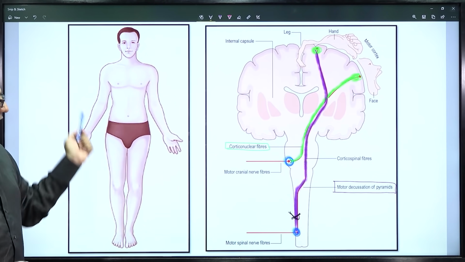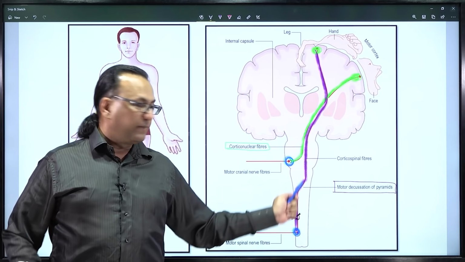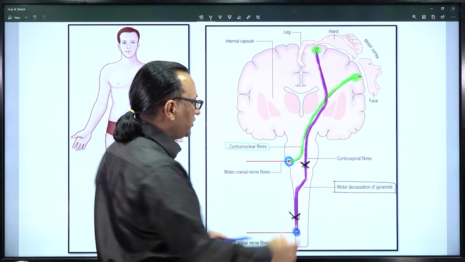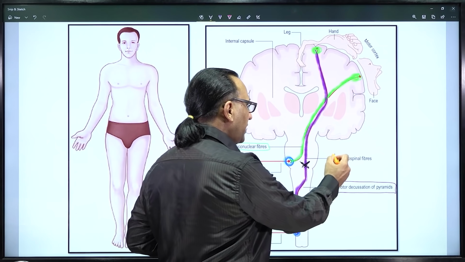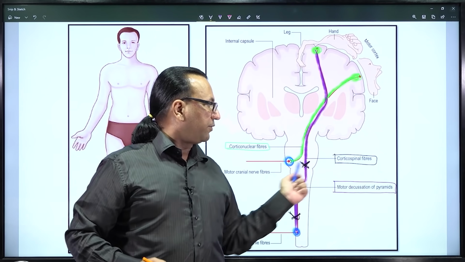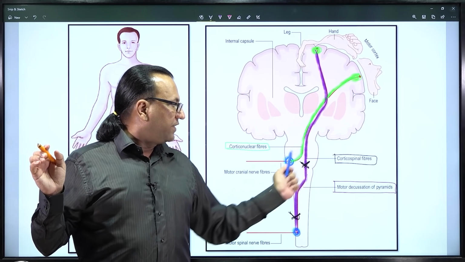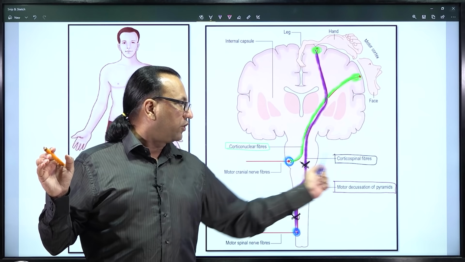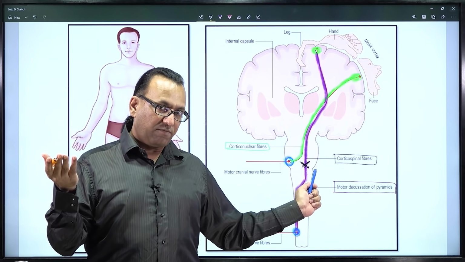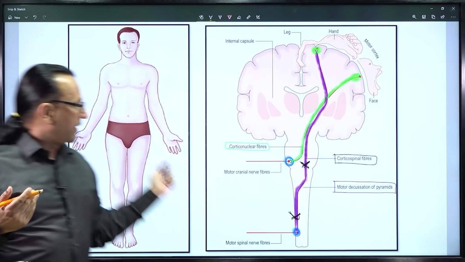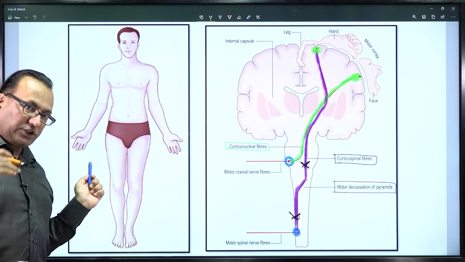Then, what about a lesion which is in the brainstem? If there is a lesion in the brainstem, this lesion to the corticospinal tract will lead to UMN type of palsy, but on the opposite side of the body. So, if there is injury of corticospinal tract on the left side of midline, then you will find the patient will have contralateral spastic paralysis on the right side of the body.